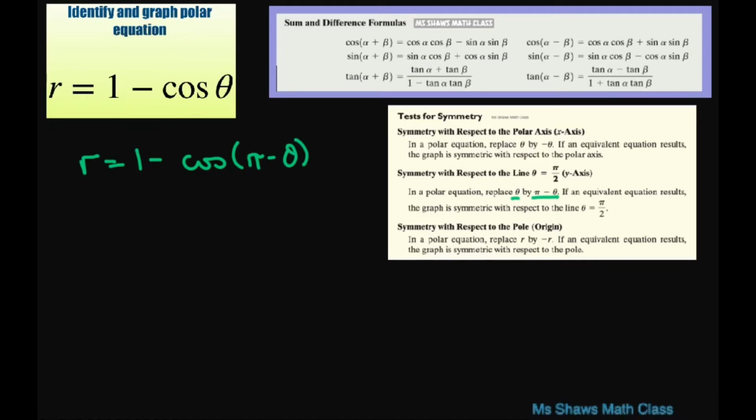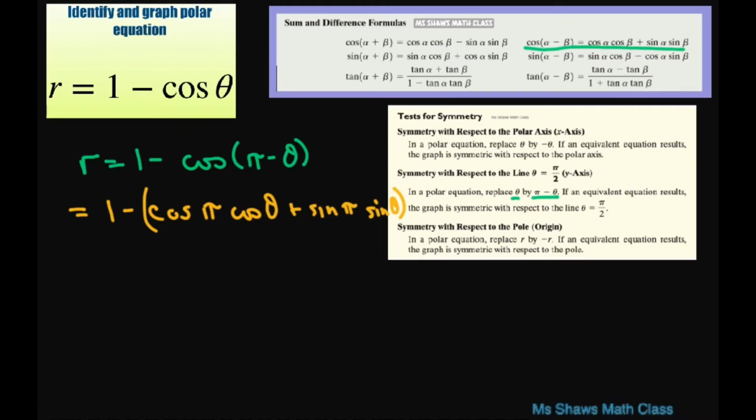I'm going to use my difference formulas for cosine and expand this as 1 minus cosine of pi times cosine of theta plus sine of pi times sine of theta.